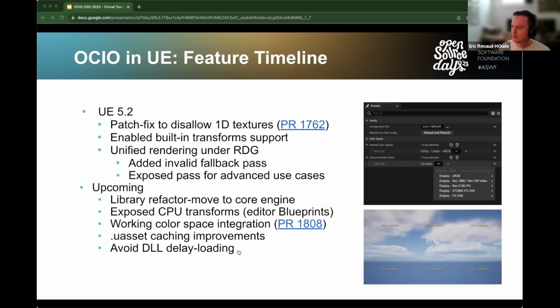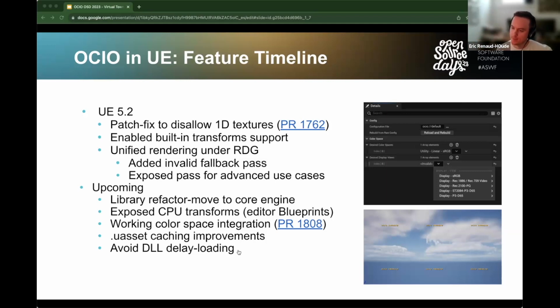In terms of features that are coming up very soon, we recently worked on a refactor of the library to move it closer to the engine, to the core engines, to enable features such as texture assets, conversions. And we're hoping to leverage the library more and more there.